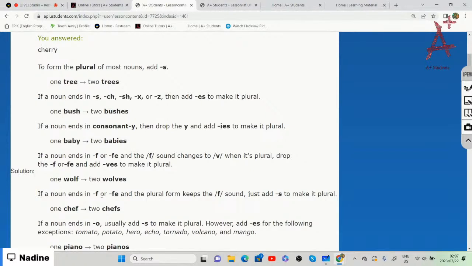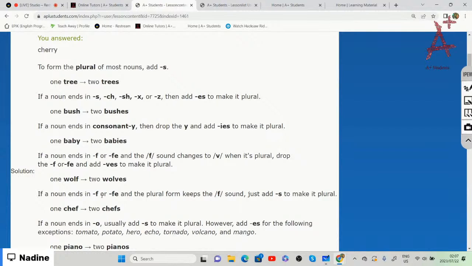But a plural form means that it now changes from, let's say, one person, one place, one thing to more than one person, more than one place, more than one thing. So to form the plural of most nouns, we need to add an s to our singular word.